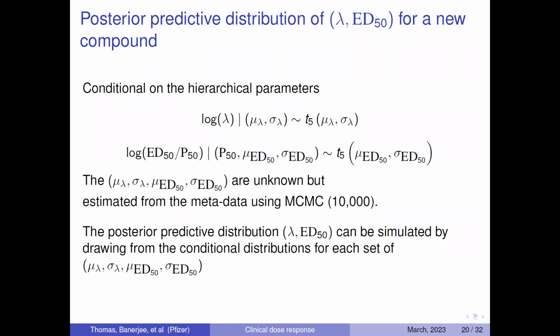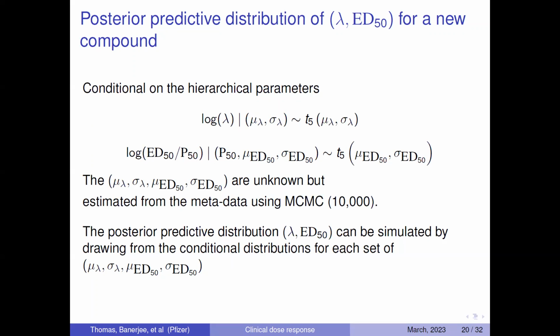Now, of course, those hierarchical parameters, the mu's and the sigmas, are not known, but that's the whole point of the metadata. So using the MCMC and the hierarchical model fitting, we actually do now have 10,000 pretty good quality draws from the posterior distribution for those parameters.